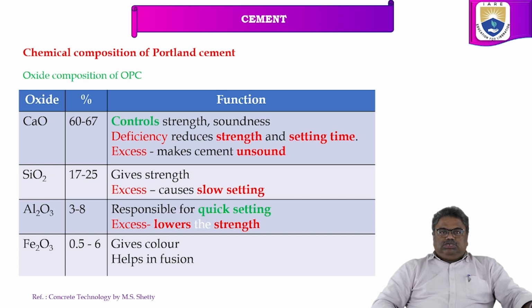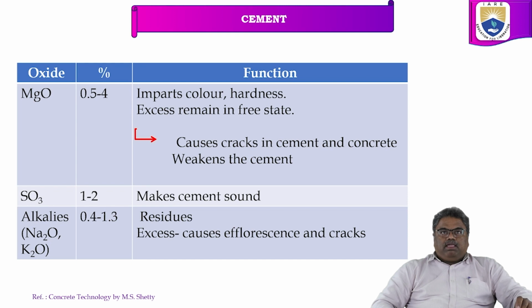Fe2O3 is around 0.5 to 6% in the cement. It gives the color and helps in fusion. Especially iron oxide gives the color to the cement and helps in fusion.